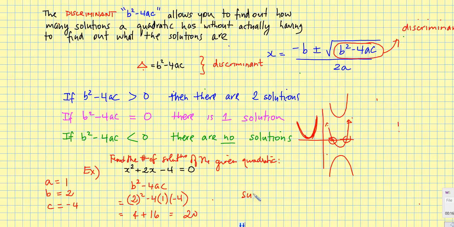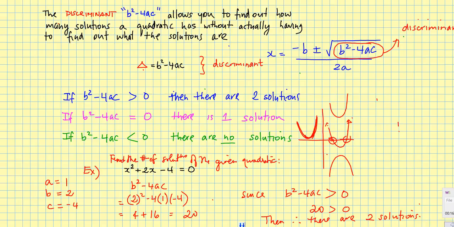Now, since b squared minus 4ac is greater than 0, because 20 is greater than 0, we can say, therefore, there are 2 solutions, or 2 x-intercepts.